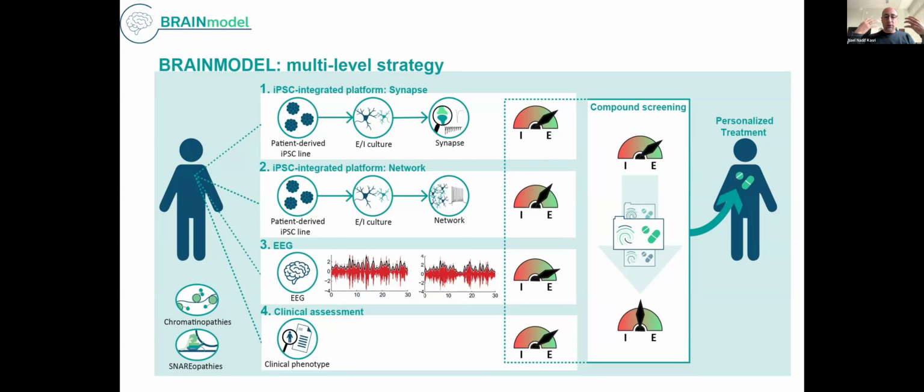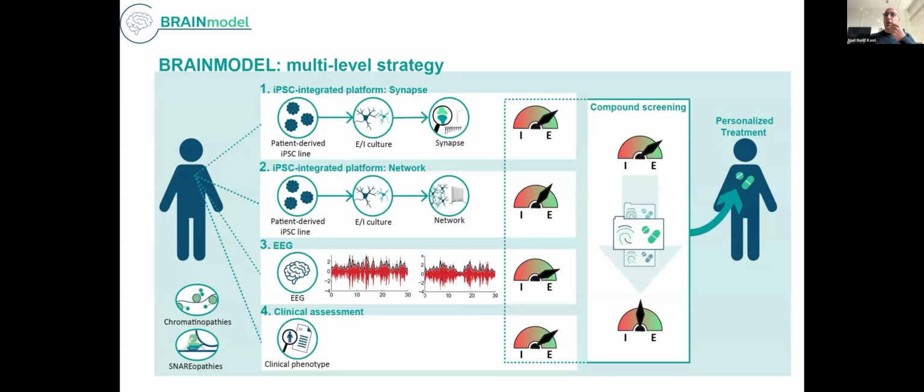So basically in the brain we have these different cell types, and this framework of thinking that the balance between excitation and inhibition might be disturbed might help us design a certain experiment. And so ultimately, with the idea that if this balance is distorted, we can use this as a readout at several levels: at the cellular level, but also at the EEG level, whether this balance can be restored.